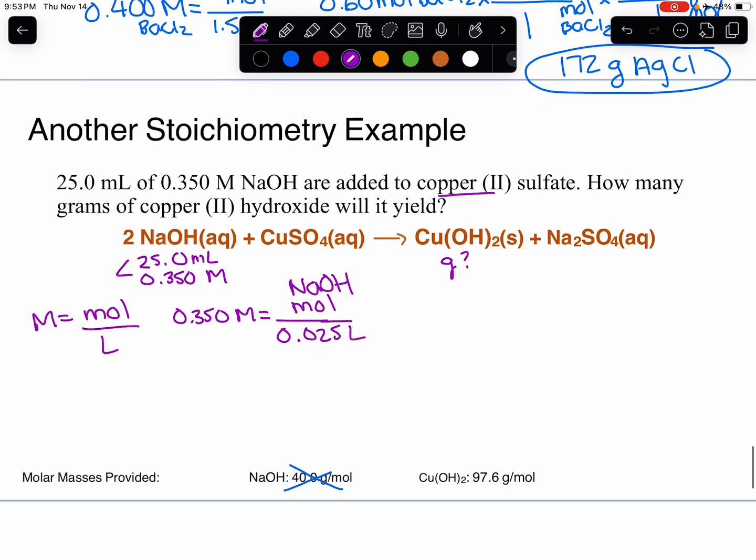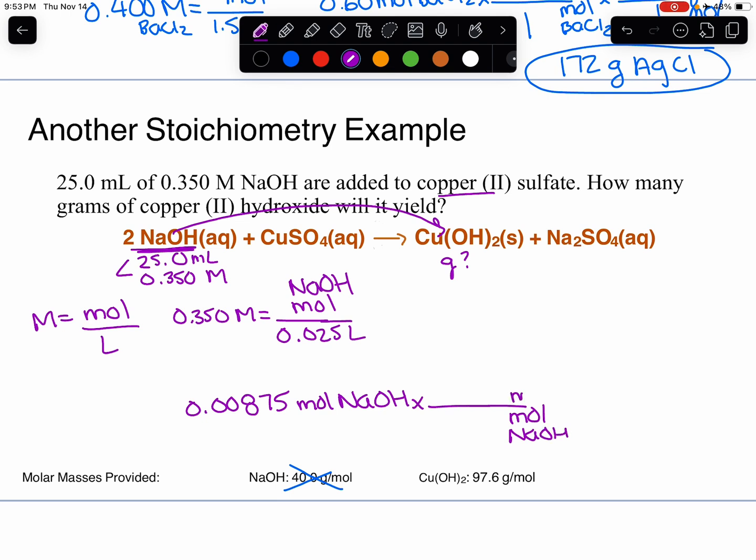I can multiply both sides by that number on the bottom, 0.025, and I end up getting 0.00875 moles of NaOH. Now, I'm in moles of NaOH, and I need to go to moles of something else in my balanced equation, so I can do a mole ratio: moles of NaOH to moles of Cu(OH)2.